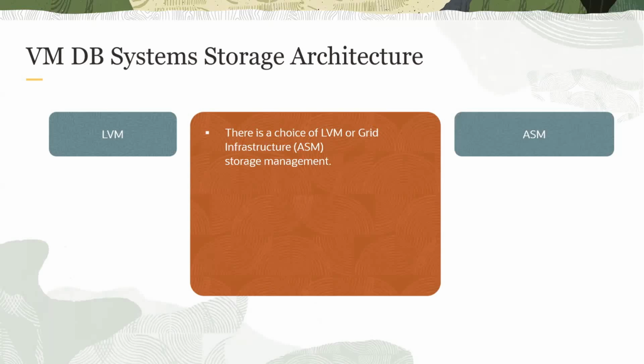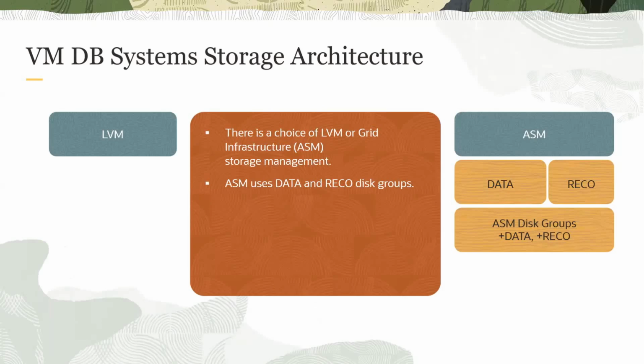For a single node virtual machine, you can create either logical volume management or your ASM. Now, in a single node virtual machine, it does provide you a fast provisioning option to allow you to create your system, as mentioned, very quickly.